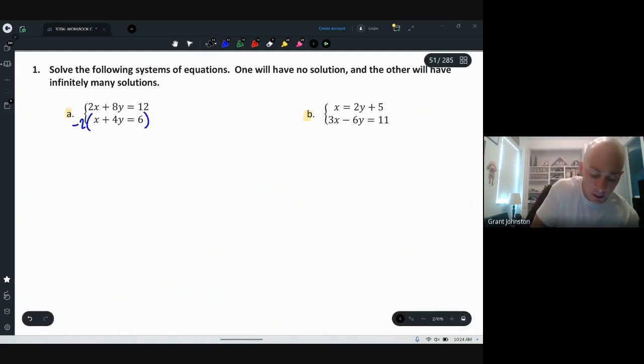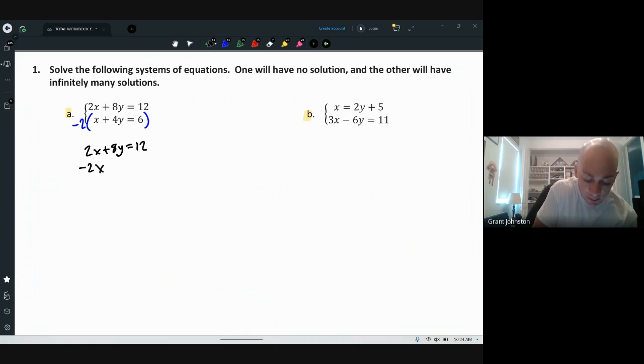First, let me just rewrite that first equation. And the second equation is now going to be -2x minus 8y equals, would that be -12? So then this is what happens here. We try to eliminate the x's, they eliminate, but look, the y's also eliminate. So this side just says 0 on it.